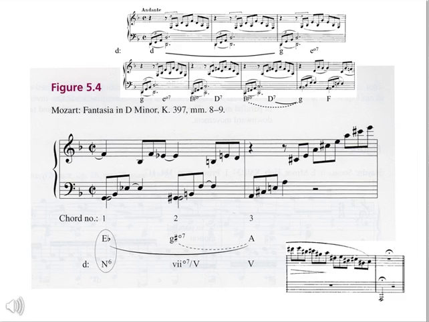Here the Neapolitan 6 is followed by another predominant chord, the 7 diminished 7 of 5, and then finally to the dominant.